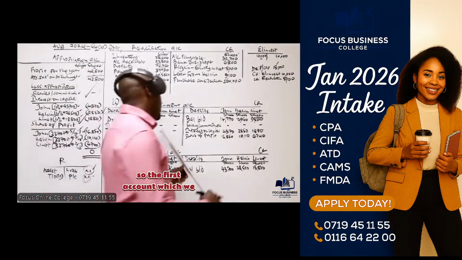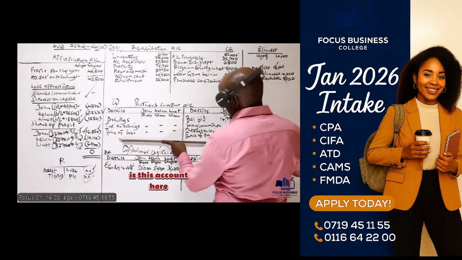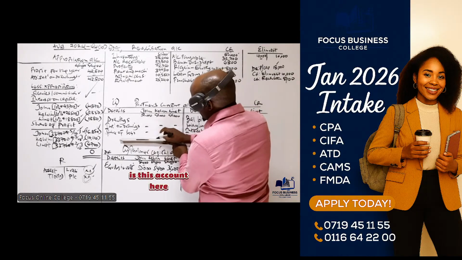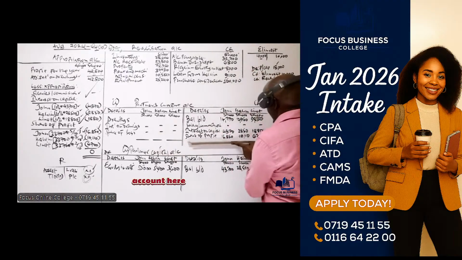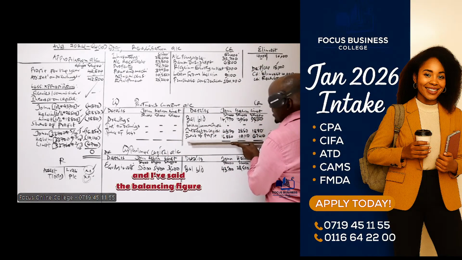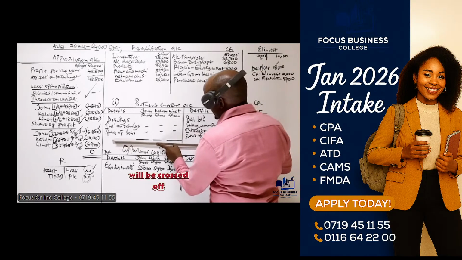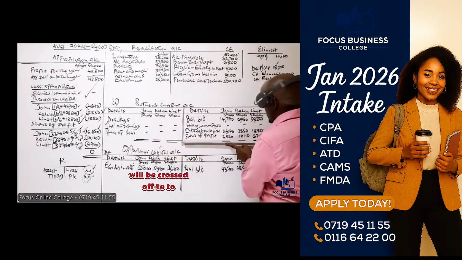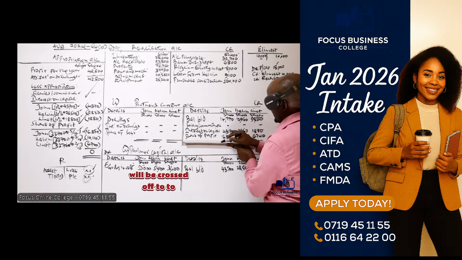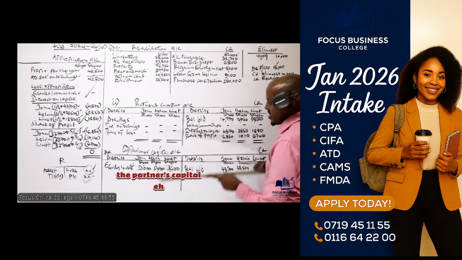So let's start by balancing this account here. The balancing figure will be crossed off to the partners' capital account.